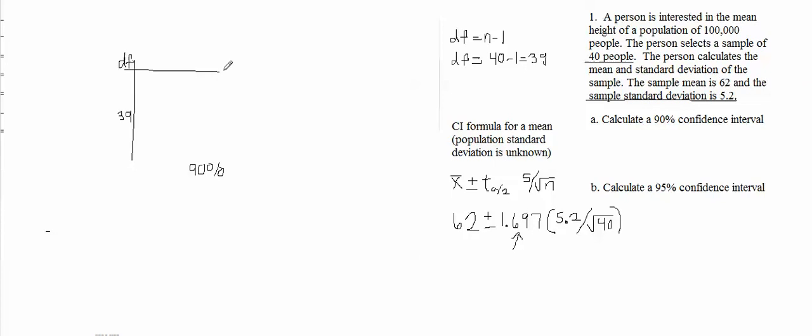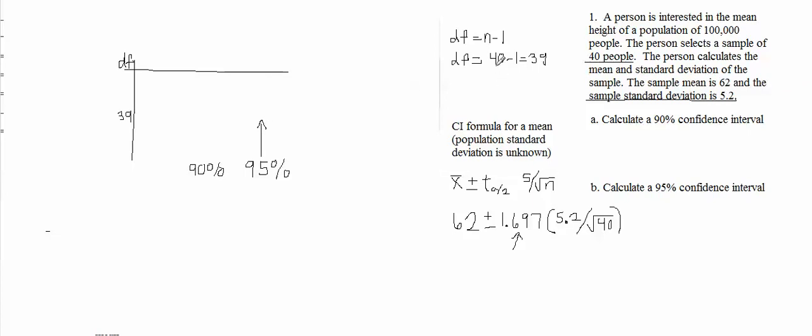If you wanted to create a 95% confidence interval, you would go to the column that says 95% at the bottom, and we would still use the same row because our sample size hasn't changed. So we're still using the same row we used before, but now we're using the 95% column.